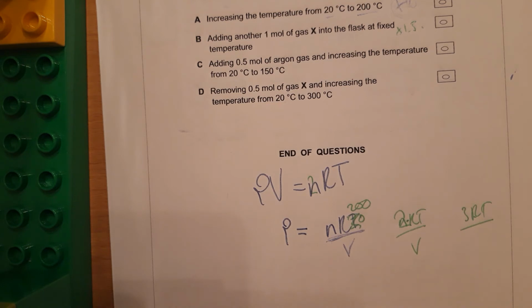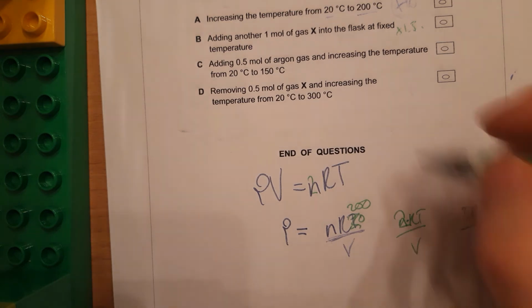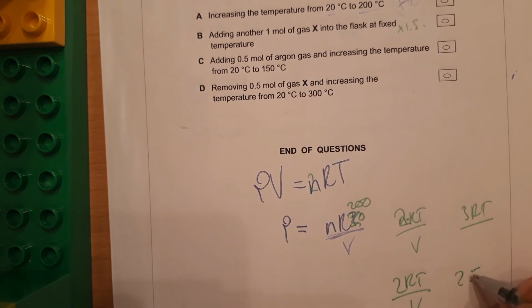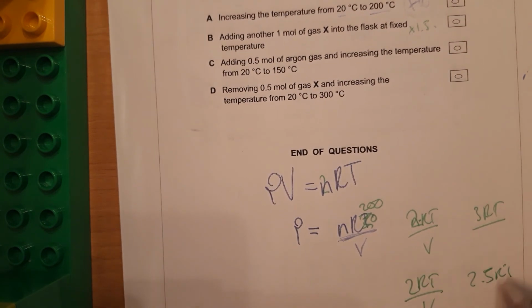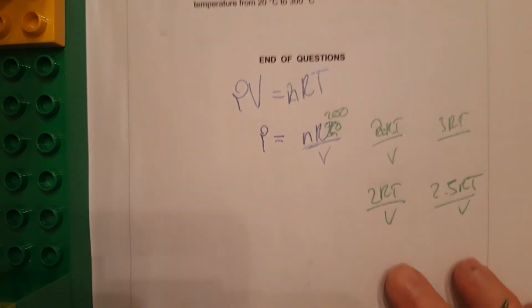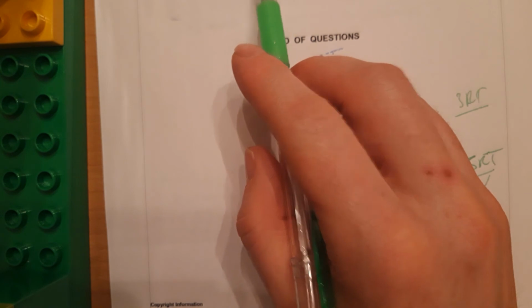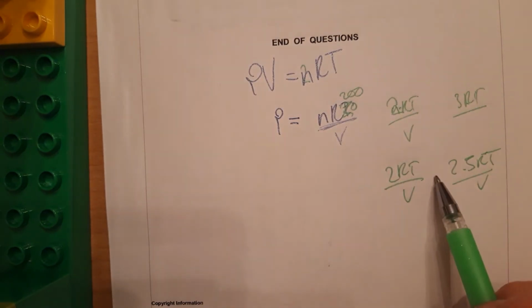Adding 0.5 moles of argon gas and increasing the temperature. Adding half a mole will change the number of moles from 2 to 2.5, so you'll go from 2RT over V to 2.5RT over V. And the temperature will go from 20 to 150.